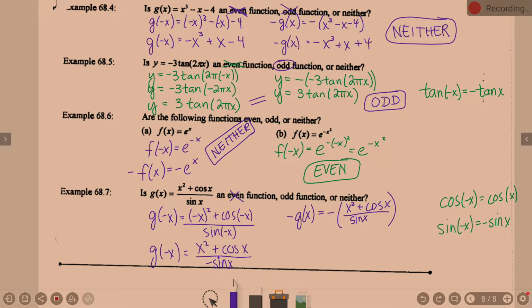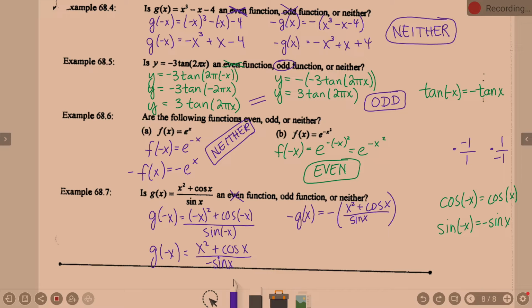Think about it. Multiplying by negative 1 is either multiplying by negative 1 over positive 1, or multiplying by 1 over negative 1, yes? If I multiply both top and bottom by negative, I've now multiplied by a positive. So in this case, if we want to make this look the same, where would I want to multiply this negative into? The bottom, and then what do you know? They're the same and it's odd.